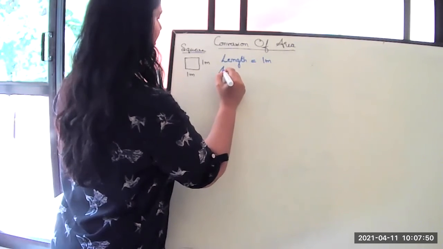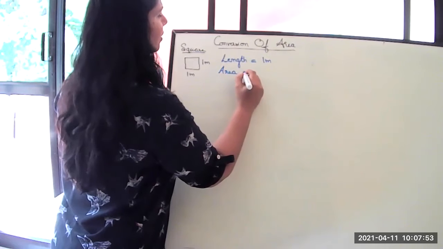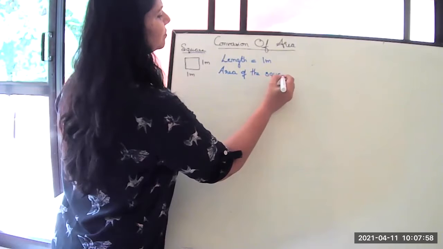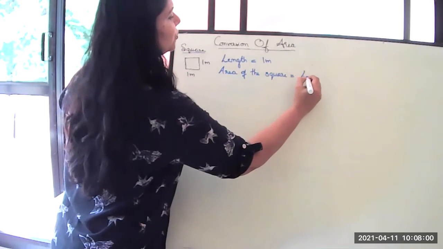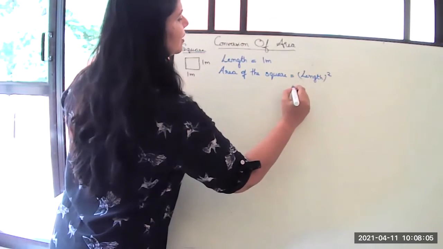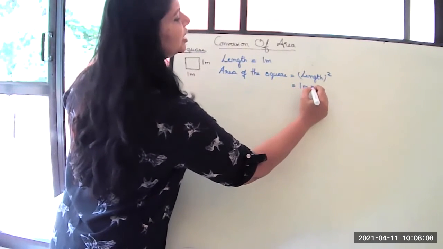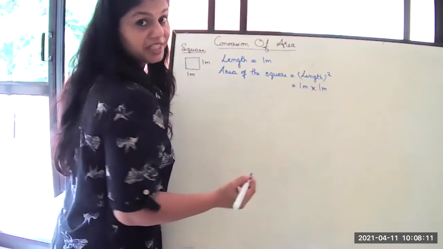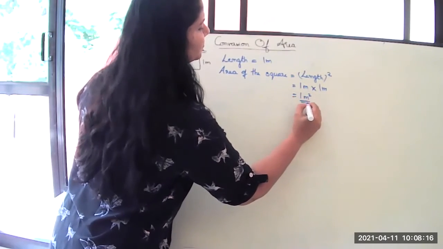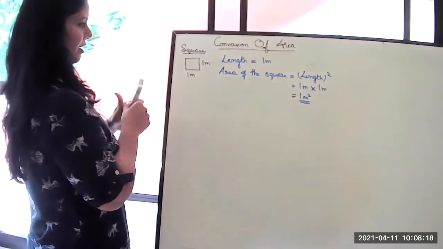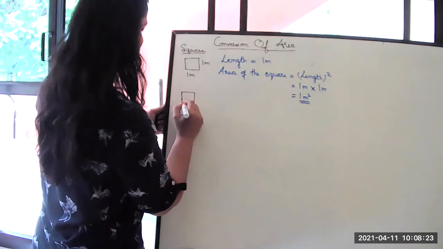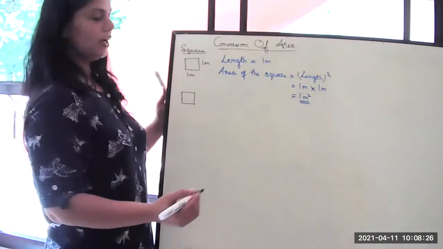Then area of the square is equal to length, the whole square, that is 1 meter multiplied by 1 meter, which is equal to 1 meter square. Now another square which has to be compared with this 1 meter.